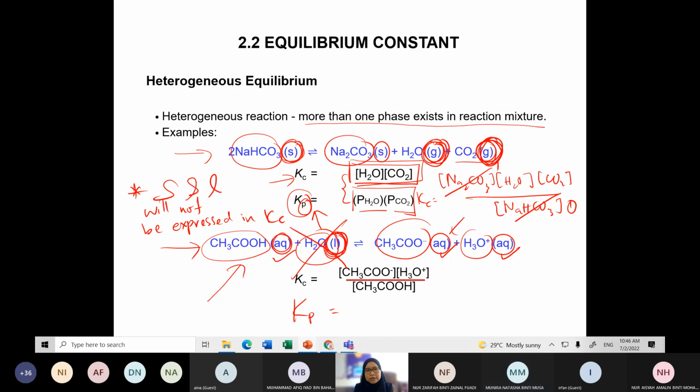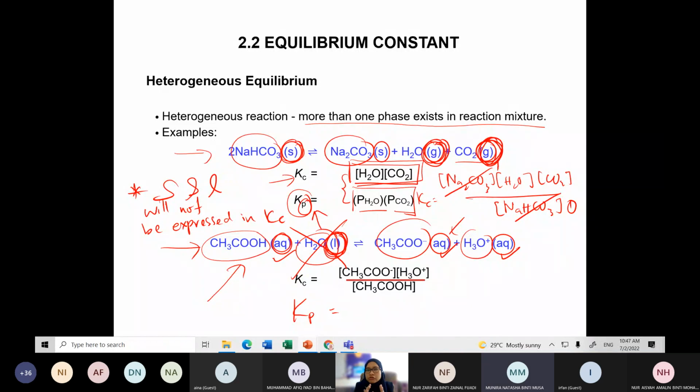So pure water, concentration dia macam, how do we measure the concentration? Kan? Because it's pure, dia substance yang pure. Dia 100% water. Okay? So dia punya concentration dia tu constant lah throughout. Maksudnya as long as there's no other substance in the water, that means the concentration of water, the purity of water.